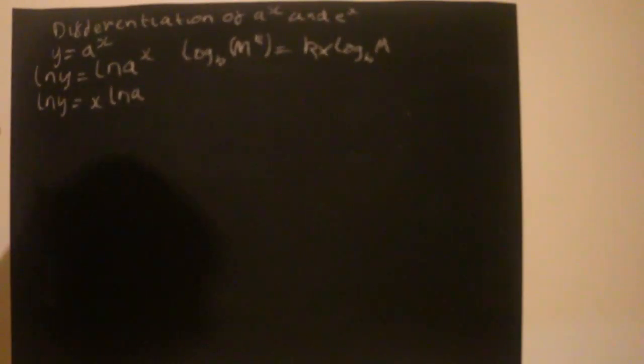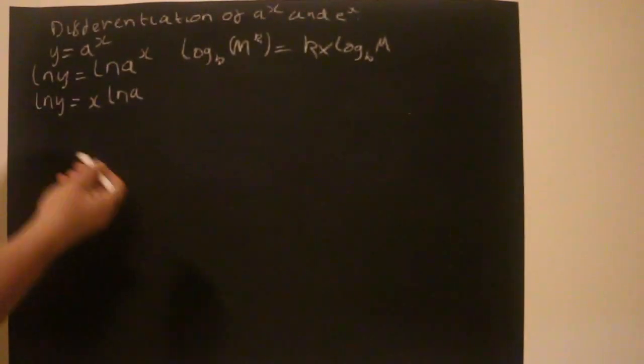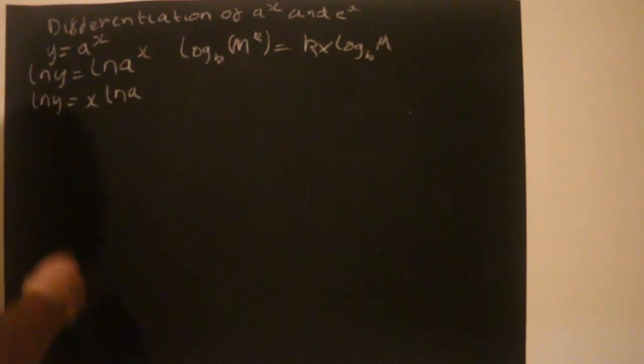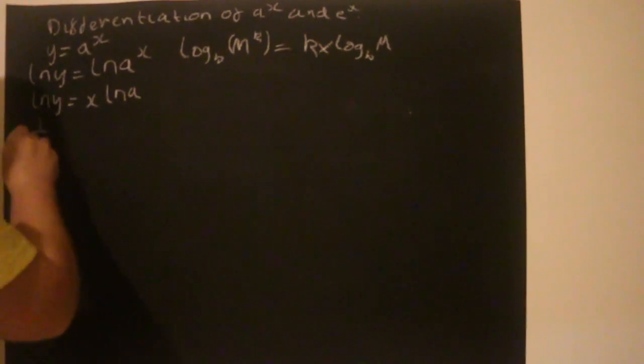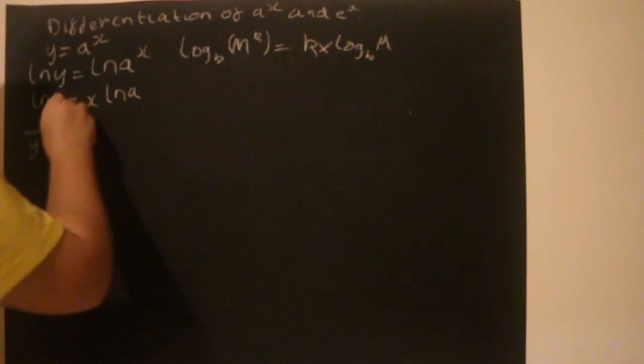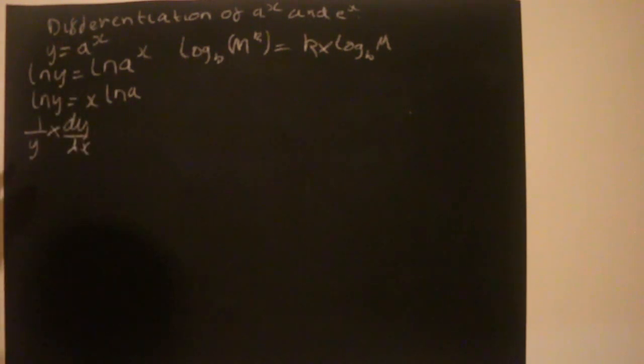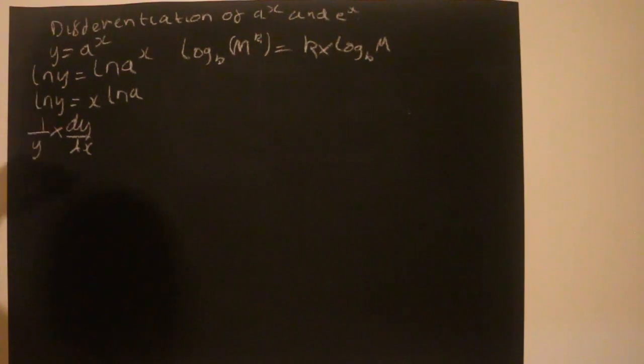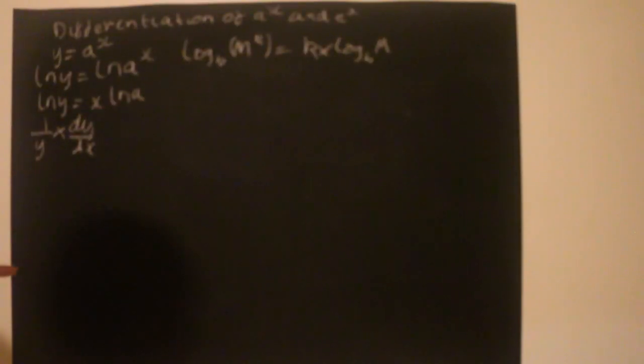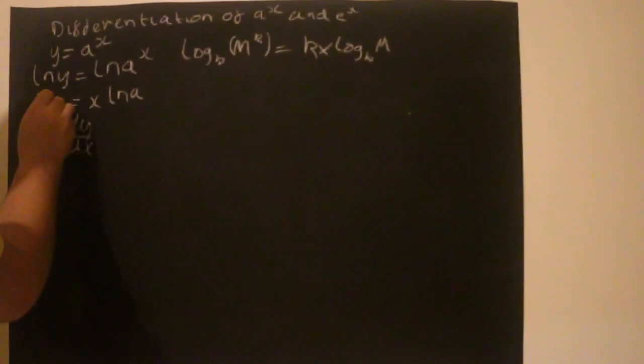So now we use implicit differentiation. Basically, the implicit differentiation of ln y becomes 1 over y multiplied by dy by dx. The reason is because the differentiation of the ln function is the derivative of what's inside over the original function.